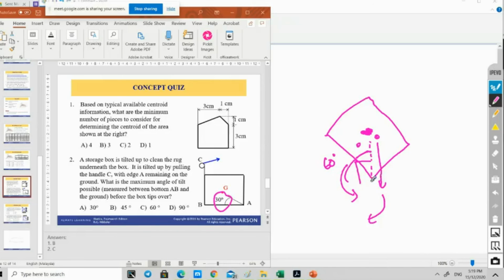Yes, that is correct. So you'll be balanced, like there's no moment at point A. That's the maximum point it can go before it tips. Understood, doctor. Thank you. Okay, welcome.